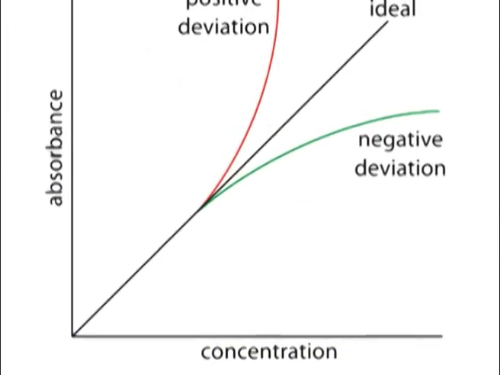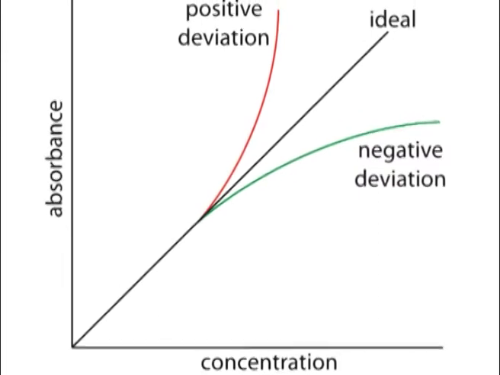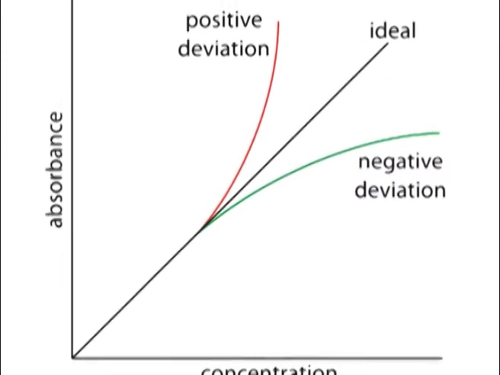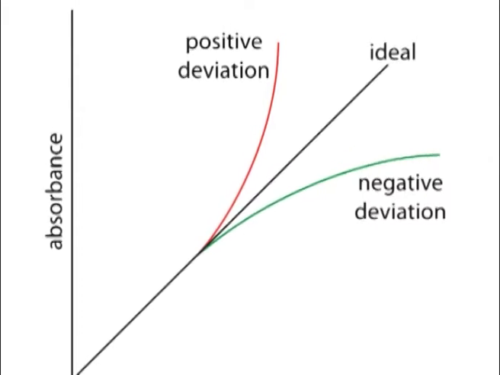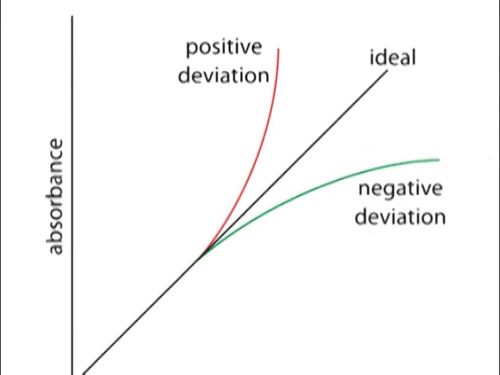If the Beer-Lambert law is obeyed correctly and I is kept constant, then a plot of extinction against concentration gives a straight line passing through the origin.